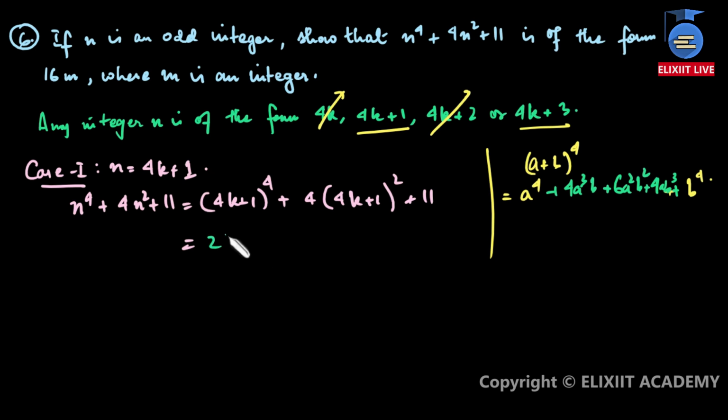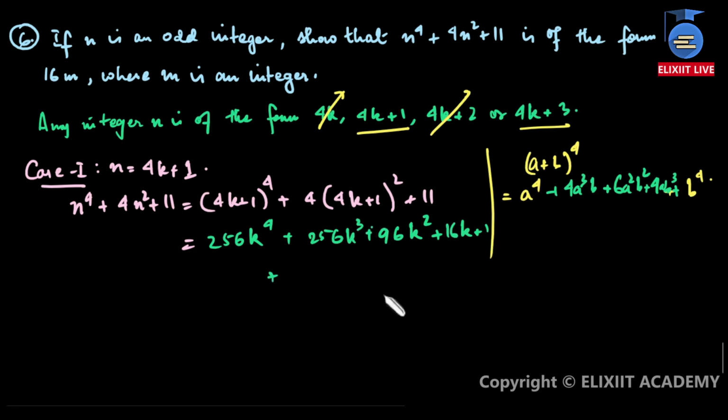So we have 256 a to the power 4, so 4k whole to the power 4 gives 256 k to the power 4, plus 256k cube, plus 6a square b square, that is 6 into 16, basically 96k square, plus 16k plus 1.